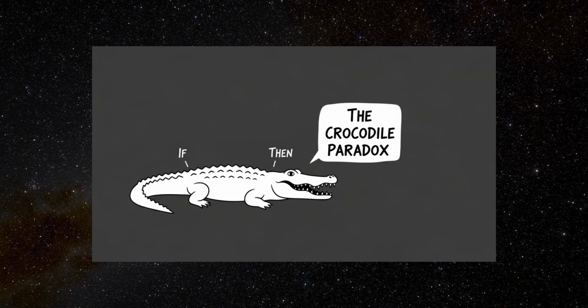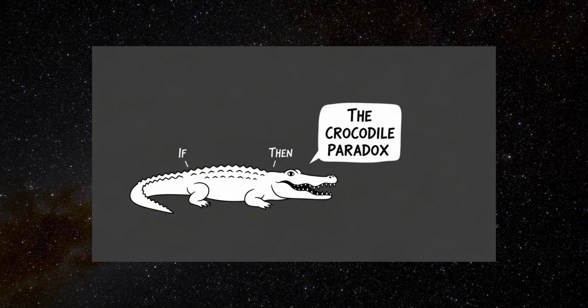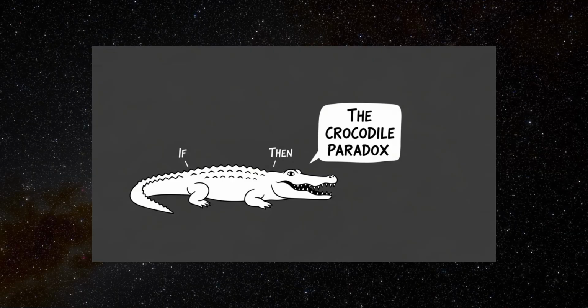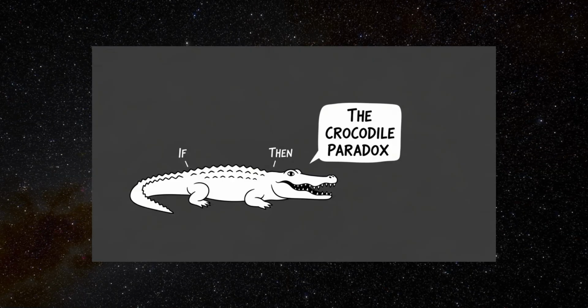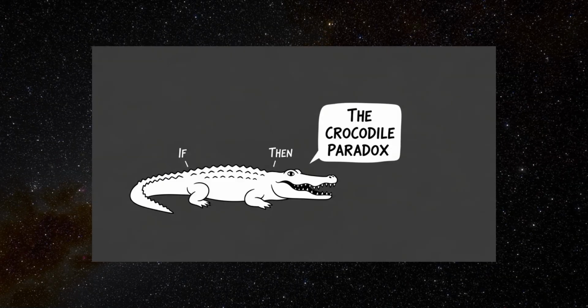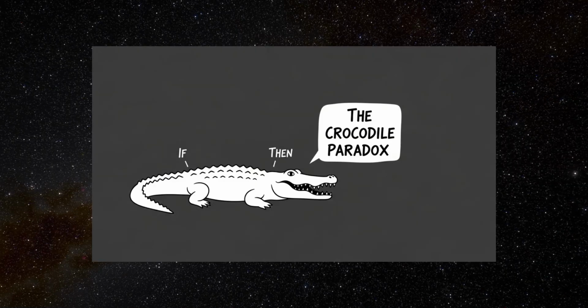At its core, the Crocodile Paradox exposes the limitations of binary logic when applied to real-world language games and decision-making. It shows how a condition that depends on predicting a future action, especially when that prediction influences the action itself, can lead to a logical loop with no coherent resolution.